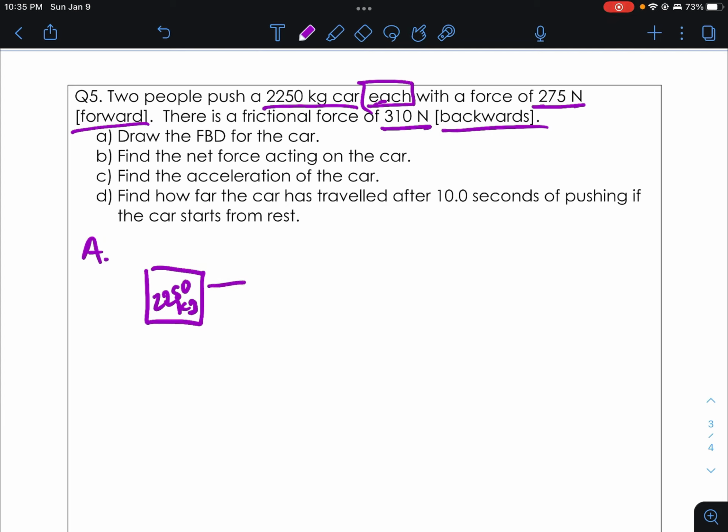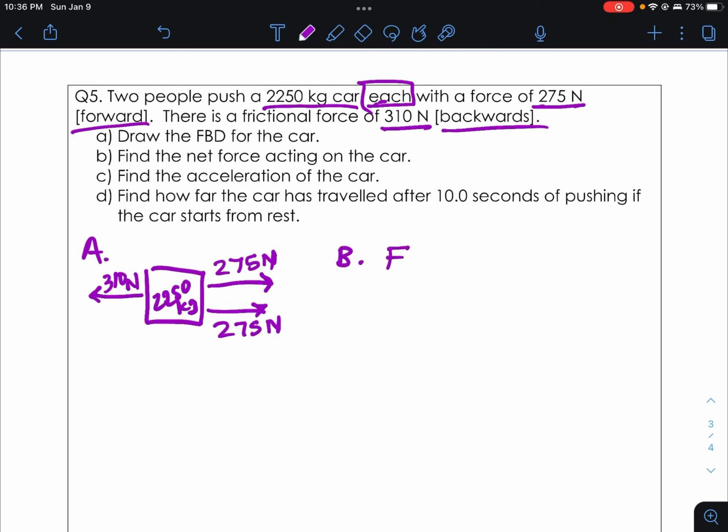We've got 2 people, not 2.75, 275, and they're both doing that much. And friction is backwards. That's 310 newtons. That's letter A.